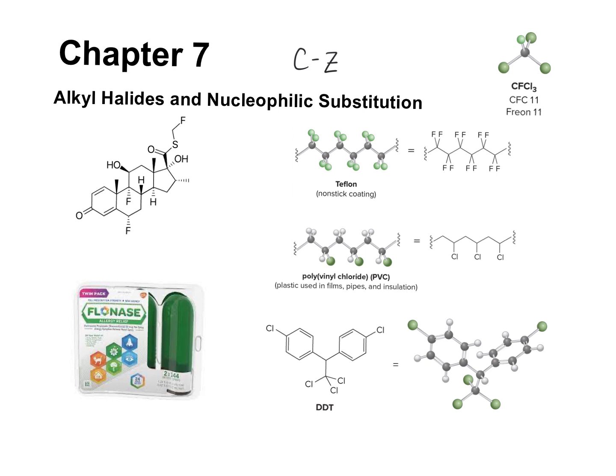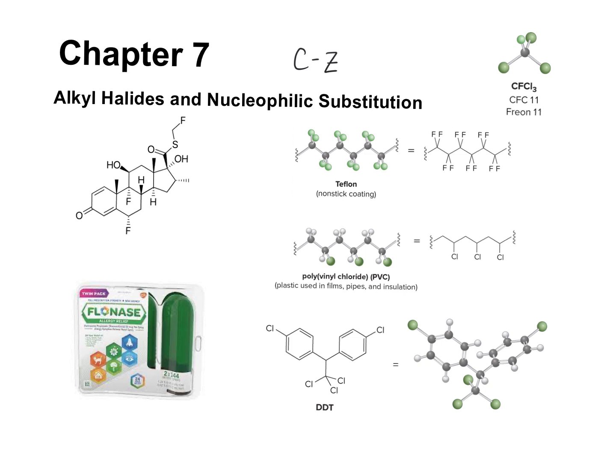In this chapter, what we're really going to look at are alkyl halides. These are things that have bonds to the halogens: fluorine, chlorine, bromine, and iodine. That's what we're going to see. We are also going to focus on nucleophilic substitutions in this chapter as well.